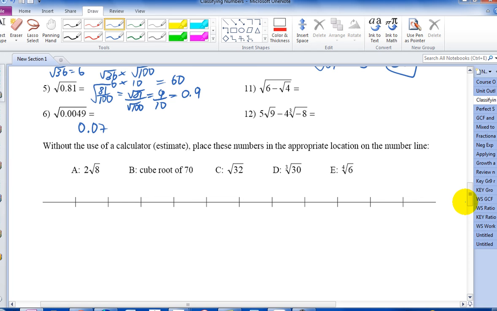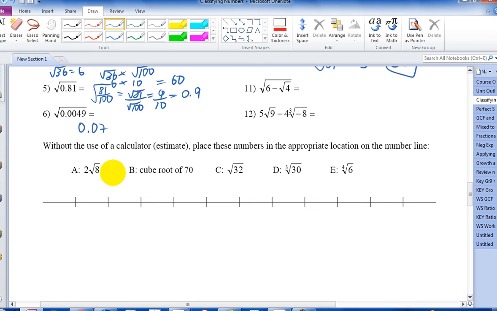All right. So this is a standard test question. Without the use of the calculator, estimate and place these numbers in the appropriate location on the number line. So which one's higher, which one's lower? First of all, let's set up 0 right here. Okay. So we have a place for 0. Let's just wait and see what we got.